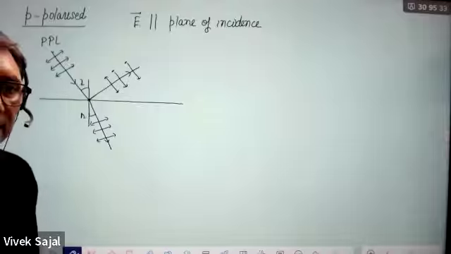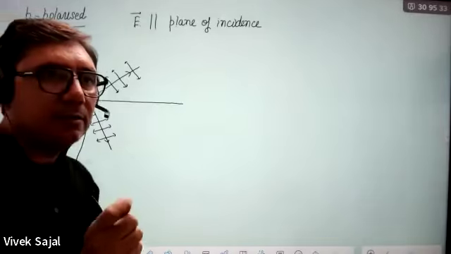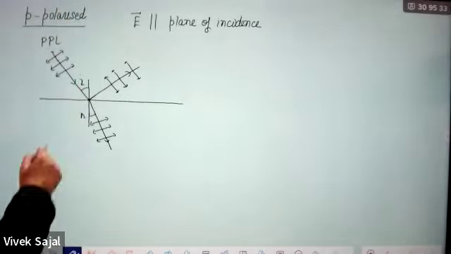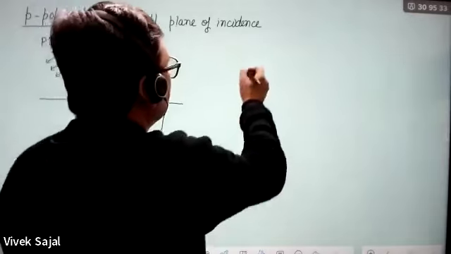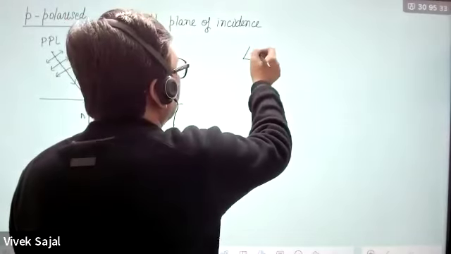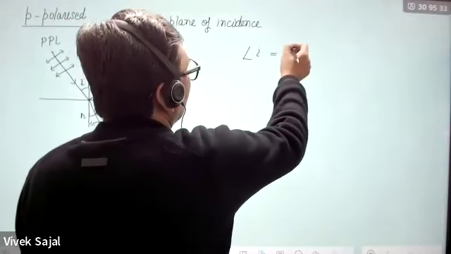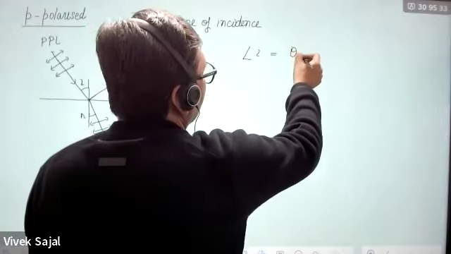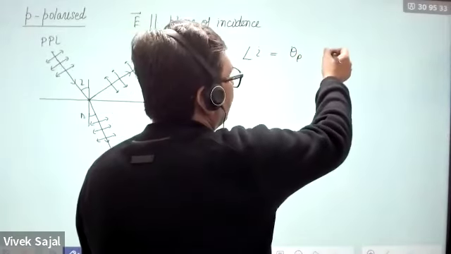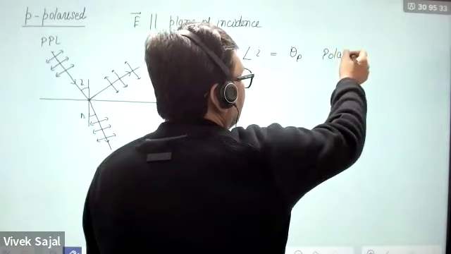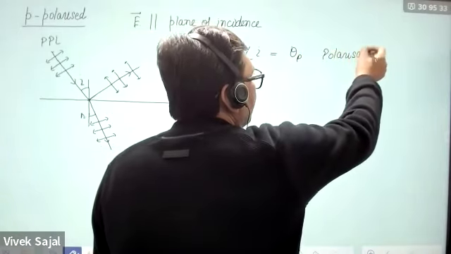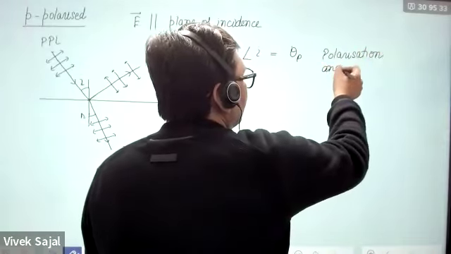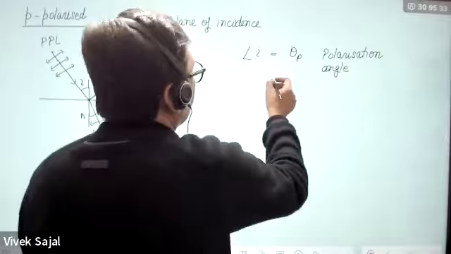There is one important property, which you study in your electromagnetic course. The property is: if the angle of incidence i is equal to the polarization angle theta p, what is theta p?